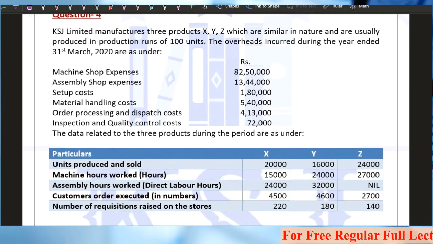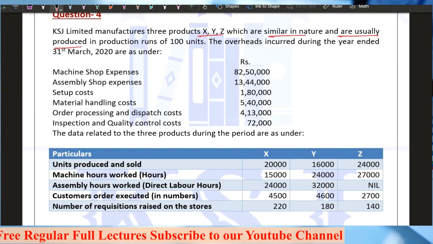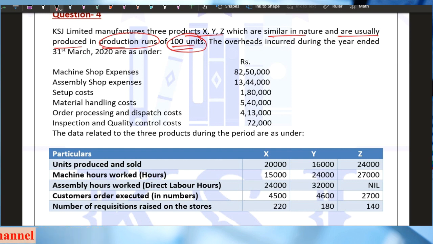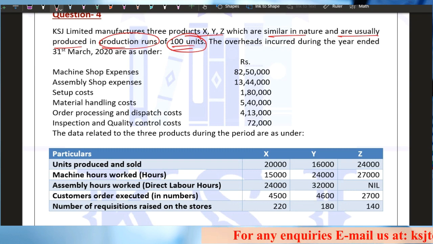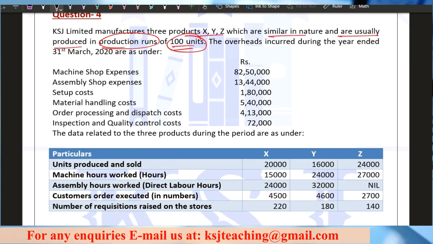Let's see. KSJ Limited manufactures 3 products X, Y and Z, which are similar in nature and are usually produced in production runs of 100 units, right? So what they do is they make a batch of 100 units and they put it into process altogether, right? Simply put, if you have gone to a burger shop, you must have seen a big round tawa.